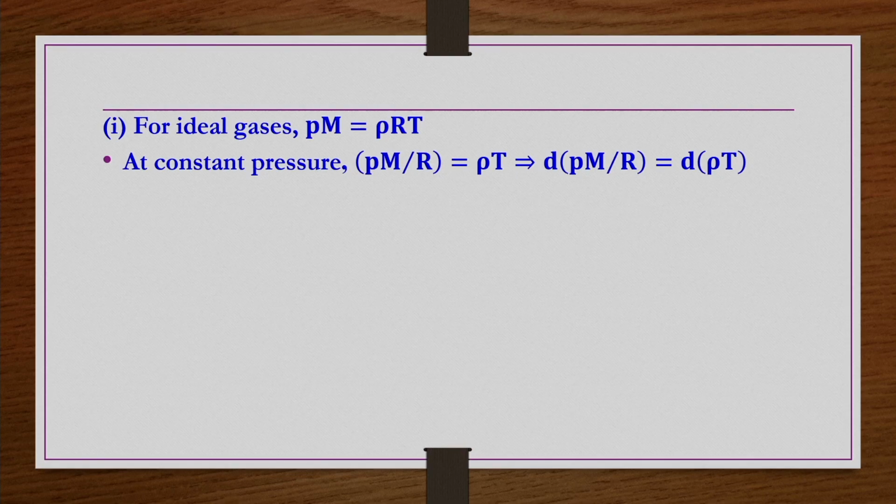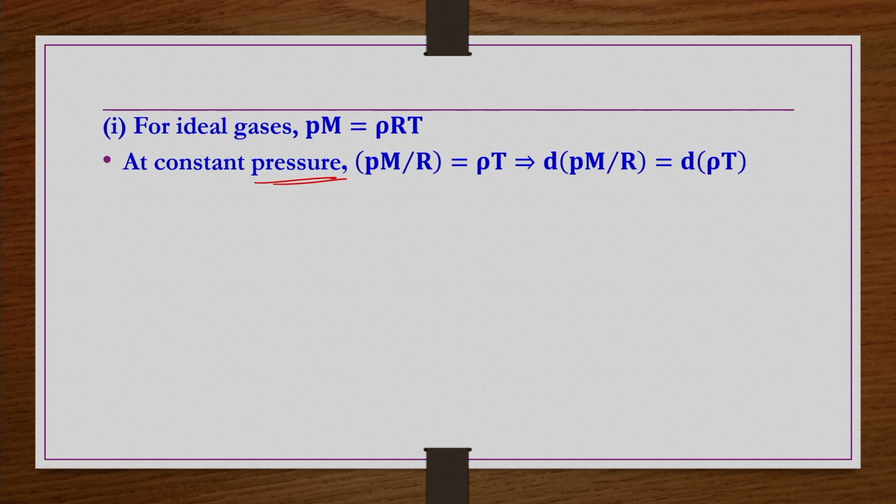Now, we take a few further simplifications of these equations. We take an ideal gas, for which PM is equal to rho RT. At constant pressure, if we rearrange this equation, PM by R is equal to T rho, and then if you take the differentiation on both sides, in the left hand side m is constant for a given system, R is constant, P is also constant because we are doing it at constant pressure.